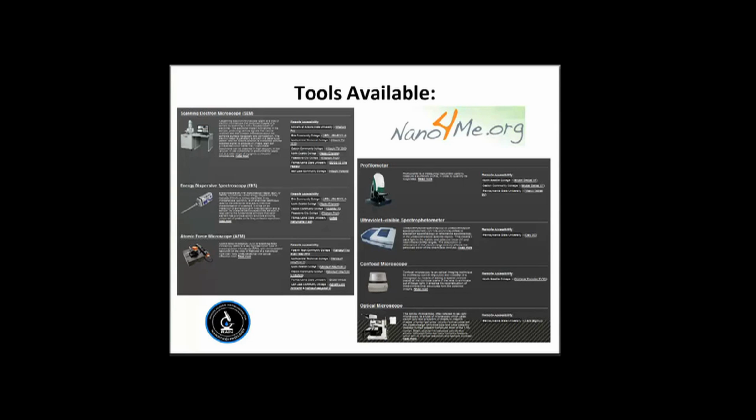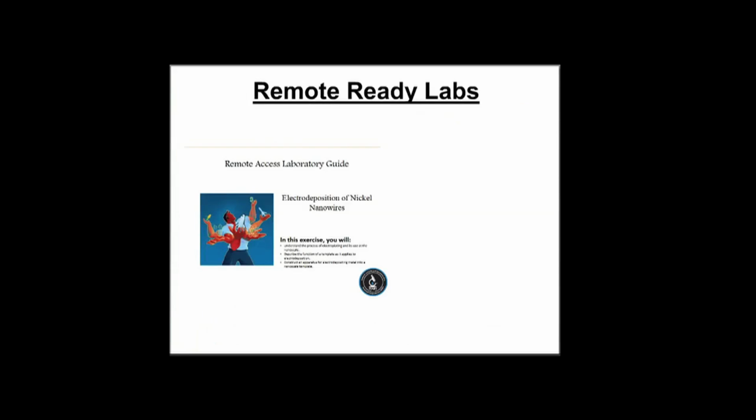And I think we're going to see a couple of them later on when Jared does his demonstration. We also have via the website remote ready labs. You could choose to just say, I want to look at some hair, I want to look at some samples, and I believe Christine is doing that later.